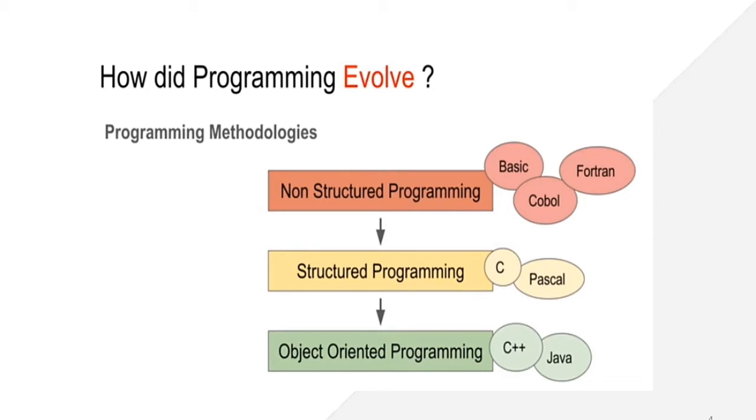So they introduced the concept of object-oriented programming languages, that is C++, Java, and many more to come. This is why you study C in the first semester and C++ in the second semester. Have you understood how programming evolved and how we came to this conclusion?